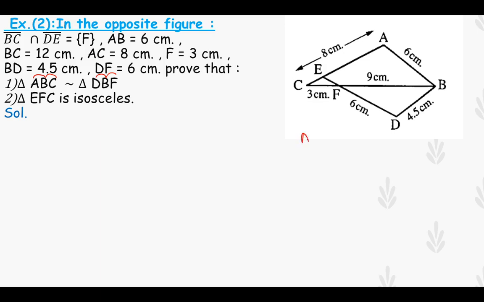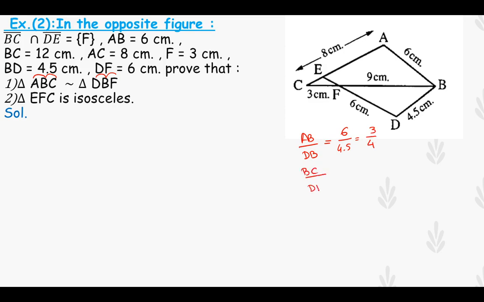Here AB over DB: AB equals 6 centimeters over DB equals 4.5. Okay, put it in the simplest form. It will be 3 over 4.